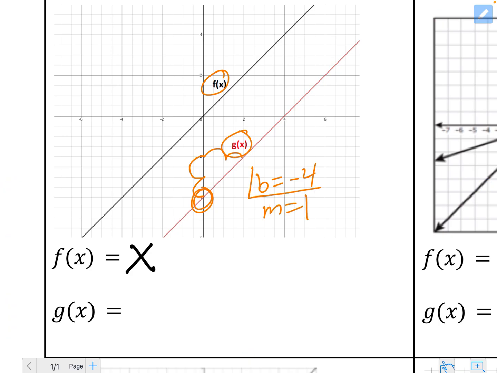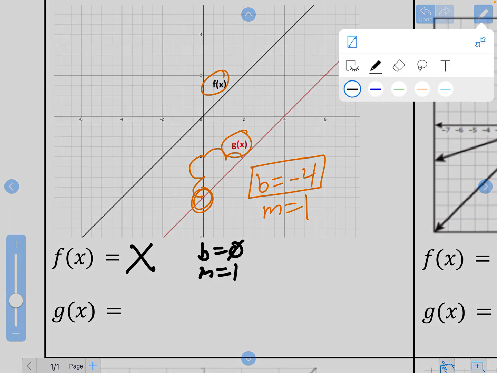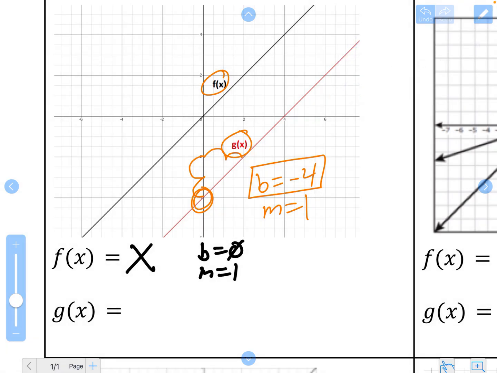So the only thing that changes from my parent function, because remember my parent function, the b is 0, the m is a positive 1, is my y-intercept. My y-intercept is now -4 instead of 0. So anytime I'm writing my transformations and my slope stays the same, I'm going to write g equals f of x.